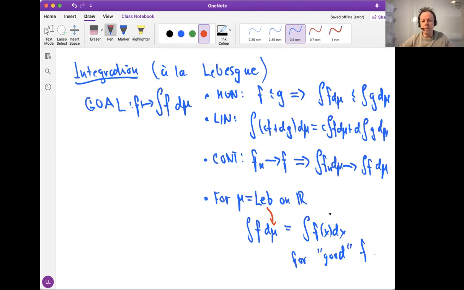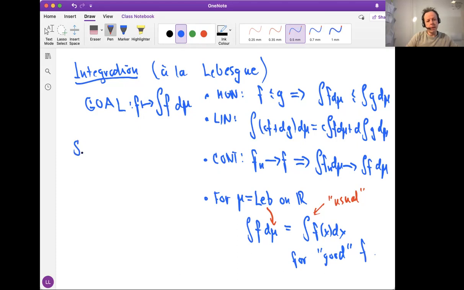This is what I would call the usual high school integral. This is what we want, and we want this to be true for a measure.